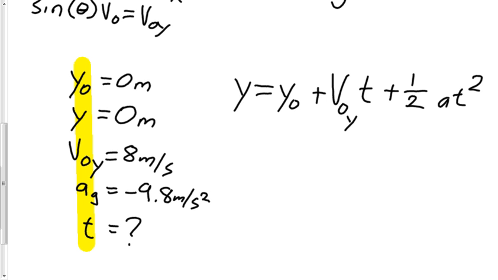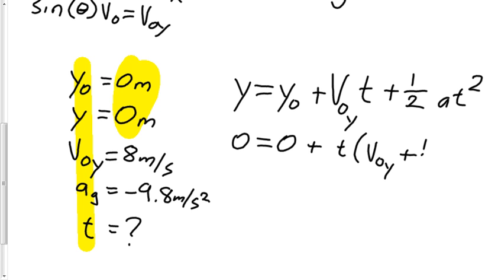Now I want to solve for t. And the first thing I should realize is that I have these values here of 0 for both of the y's. So what that means is I'm going to have 0 equals 0 plus all the rest of this, but now I can factor out a t. So I have t, and then parentheses, v naught in the y direction plus 1/2 at.